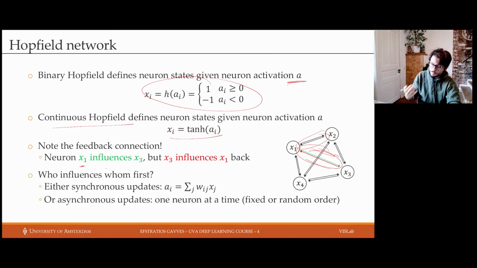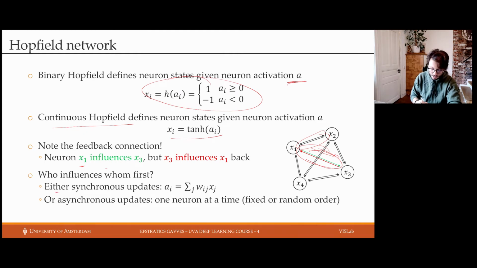Now, the problem with this is who influences first. We have to define an order because these are recursive computations. So we have to decide: are we going to first update our input to the neuron and then take the activation, then use the nonlinear function, or first apply the nonlinear function and then recompute the activation?